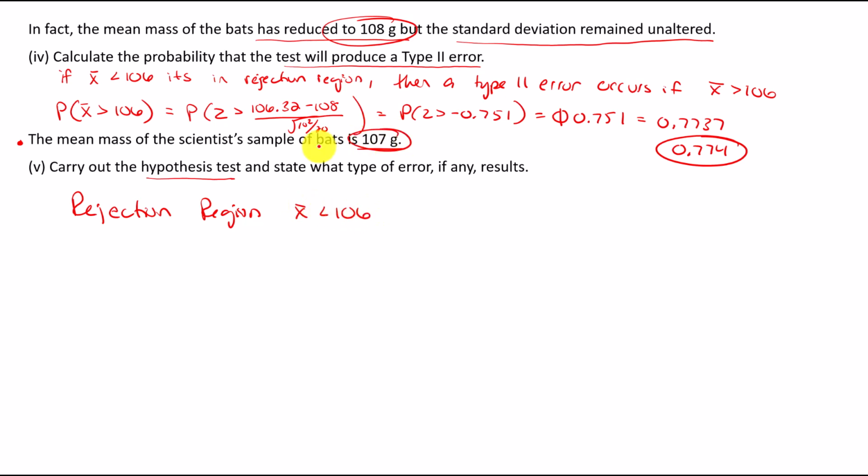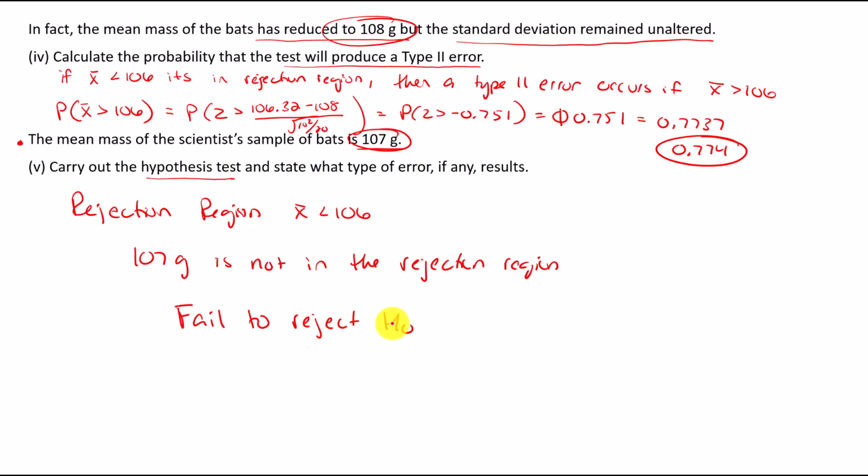So if he found that the mean is 107, 107 is not in the rejection region. And so we fail to reject the null. And we would state there is no evidence to support the scientist's theory at the significance level that we were asked, which was 5%.